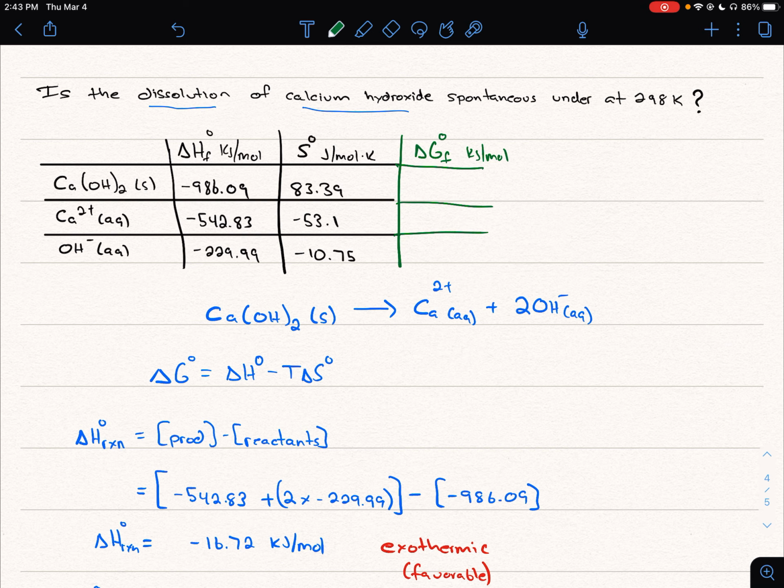And we can look up these values and find out for calcium hydroxide solid, we get negative 898.49. For our calcium 2 plus, we get negative 553.58. And for our hydroxide, we get negative 157.24.